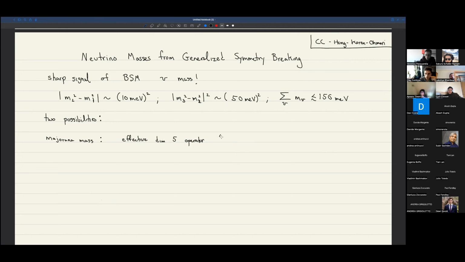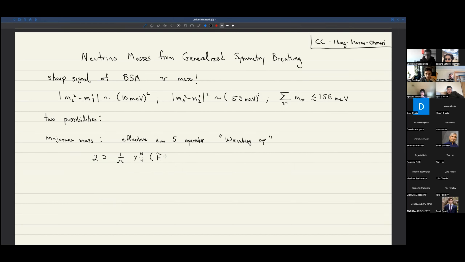It's the so-called Weinberg operator. What does that look like? We add to our standard model Lagrangian. It's dimension 5, so there's some cutoff scale. Then there's some Yukawa-like matrix, which I'll call Y_ij^ν for a neutrino.